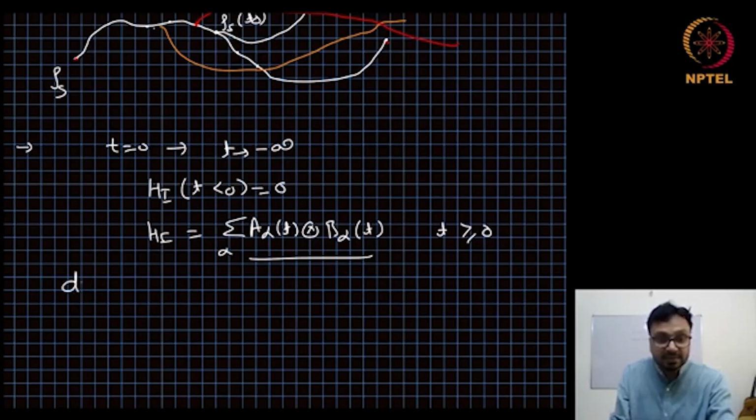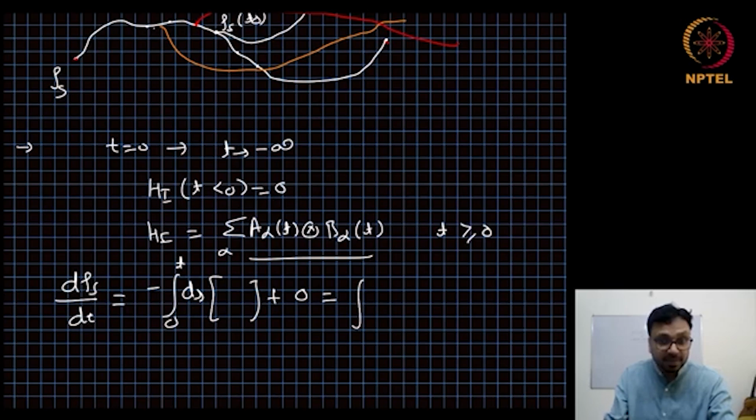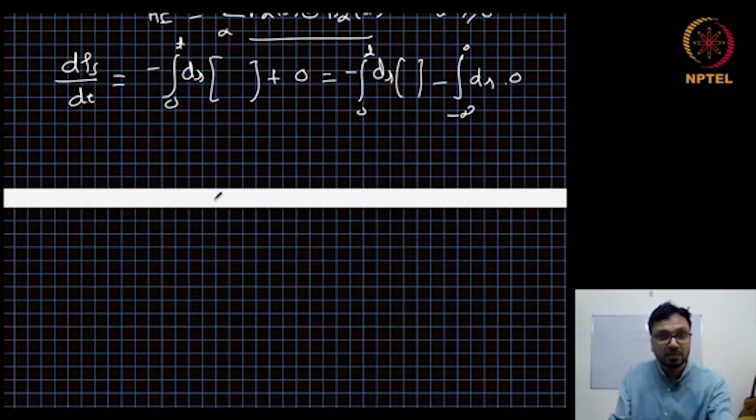It means we can write d rho_s over dt to be the integral from 0 to t of ds times the expression we had calculated, plus 0 because the interaction Hamiltonian is 0. This can be written as minus the integral from 0 to t of ds times the expression, plus the integral from minus infinity to 0, let's put a minus sign here, of ds times 0.